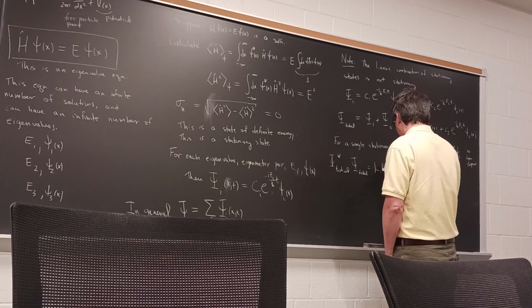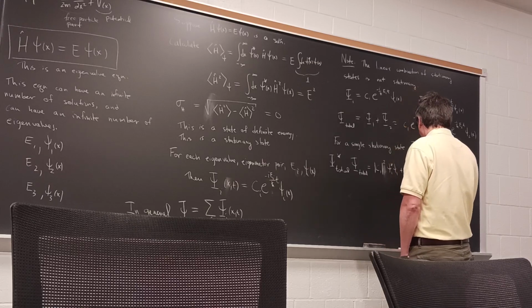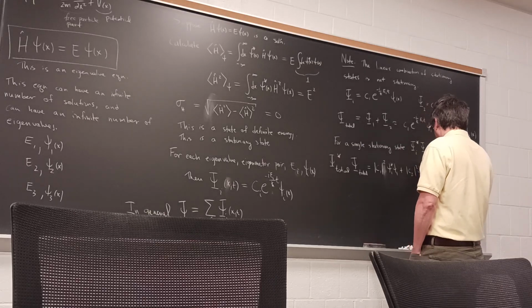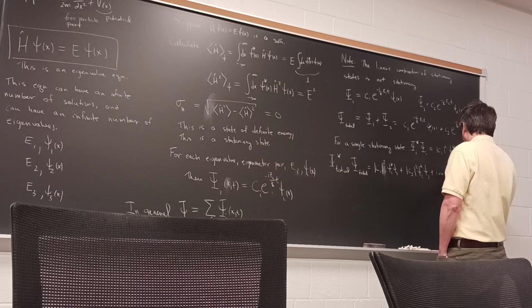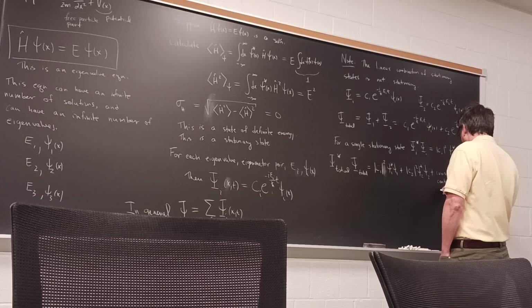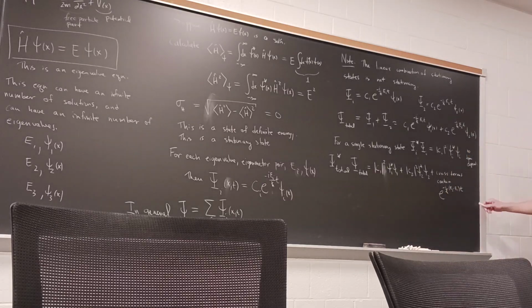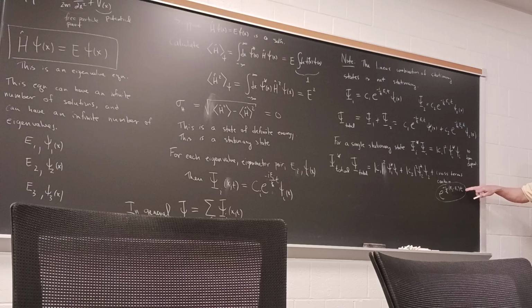This term will hit its own conjugate, so we'll have mag C1 squared times psi 1 star psi 1 plus mag C2 squared psi 2 star psi 2 plus cross terms that contain e to the minus I over h bar E2 minus E1 times t. Okay, so you'll have a time dependence in here, and so this will not be a stationary state.